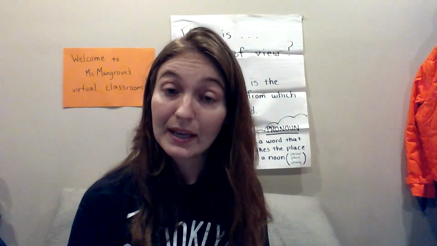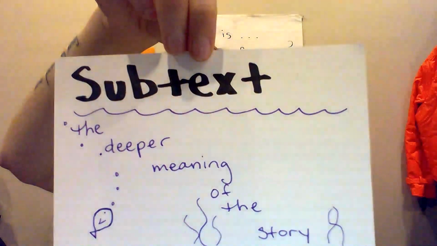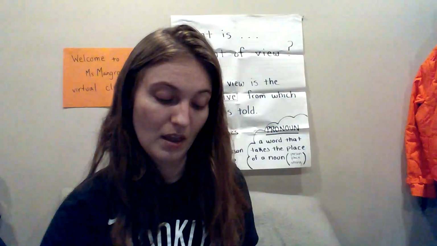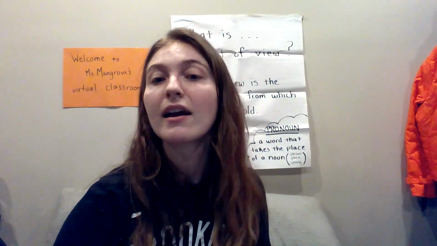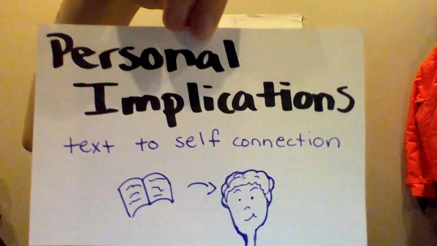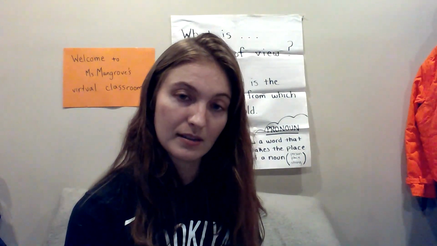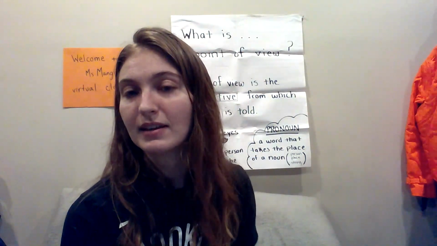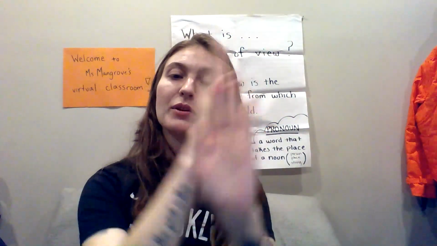The deeper meaning of the story is also called the story's subtext. Text-to-self connection is also called a personal implication. And where the story takes place is called the setting. That is all I have for you 8th graders.